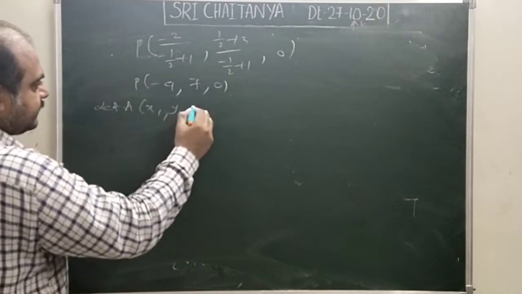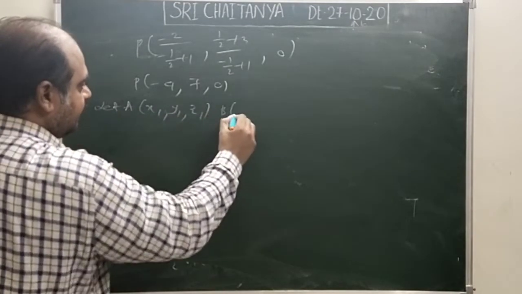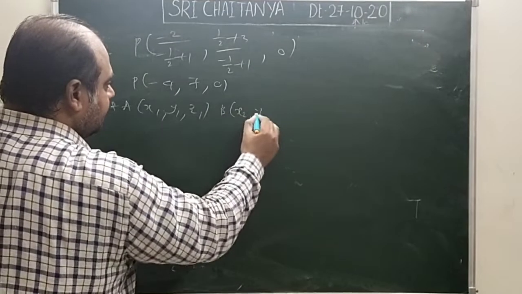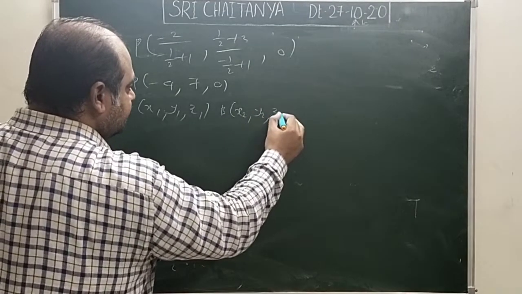Let A be (x1, y1, z1) and B be (x2, y2, z2).